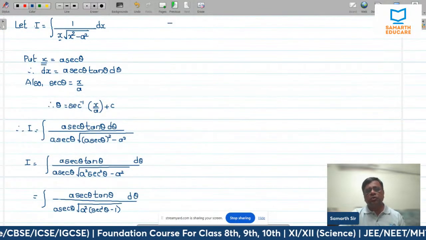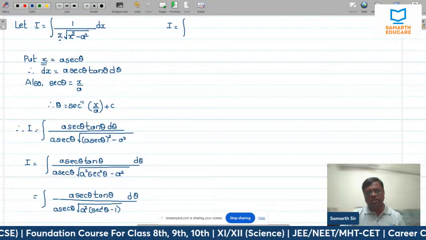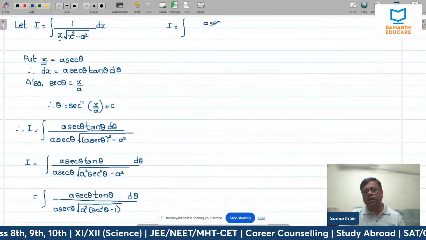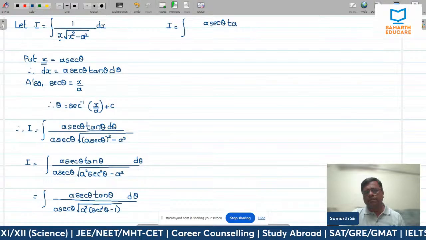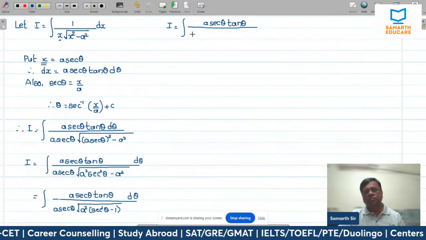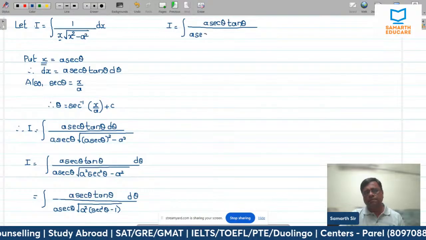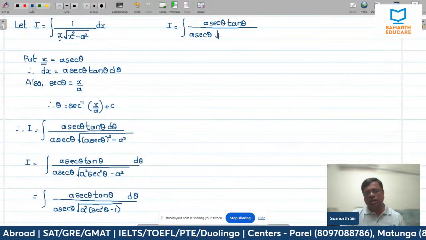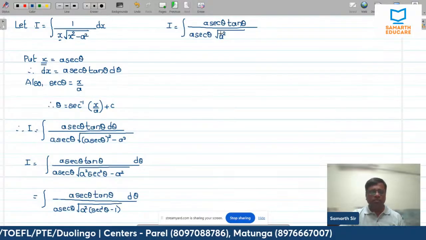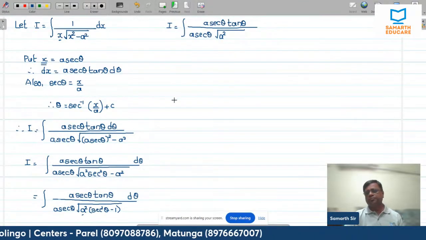I is equal to integration a sec theta tan theta whole thing divided by बाहर a sec theta है. All right. Now, according to the second identity, a square तो यहाँ पे ऐसे ही लिख दिया, this a square.